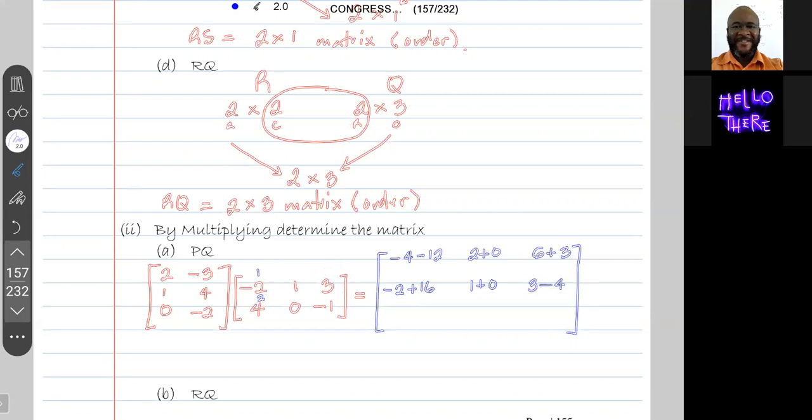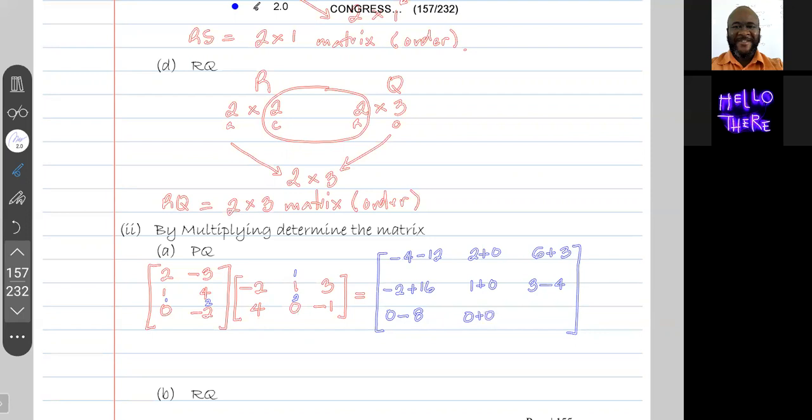So that's 0 times, let me identify these, the first and second. That's 0 times minus 2, which is 0. And then minus 2 times 4, which is minus 8. All right, bottom row, middle column. 0 times 1 is 0. And then minus 2 times 0 is still 0.